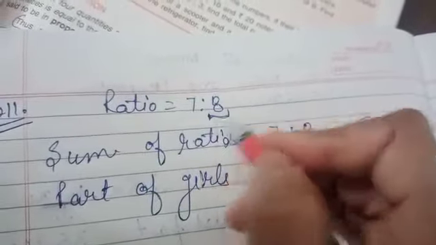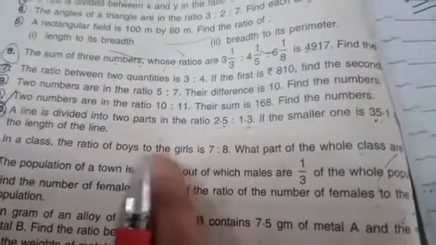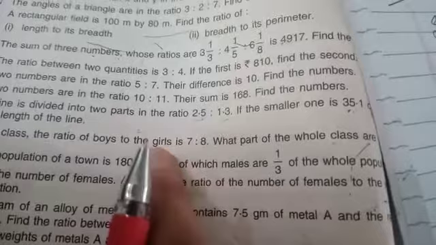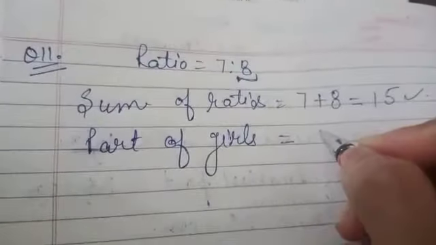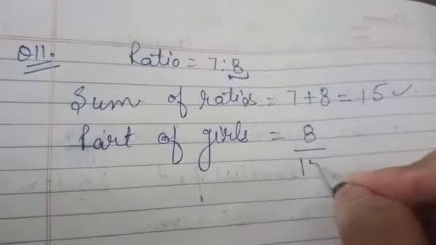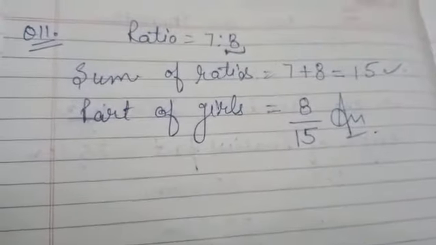How do I know that this is the ratio of girls? Because in the question he has mentioned ratio of boys to girls. First he has written boys, it means the ratio of boys is 7, then the ratio of girls is 8. That's why I know that this is the ratio of girls. So I will write 8 over total strength. This is the required answer.